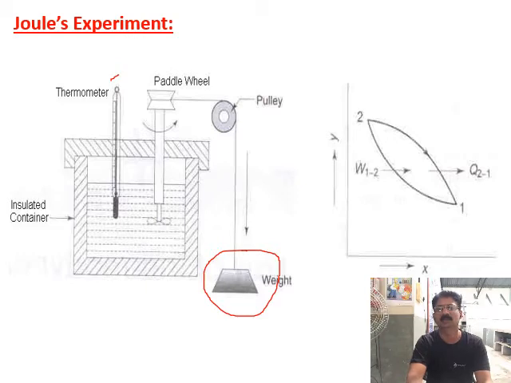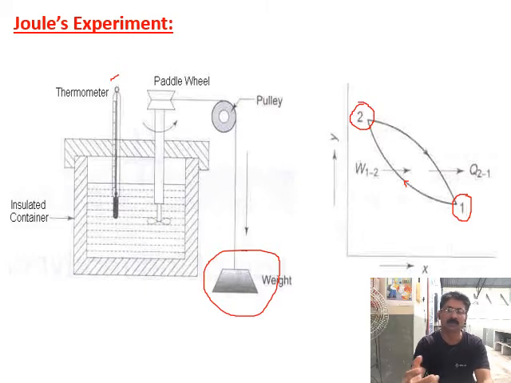That means from 1 to 2, in the property diagram, this is the work transferred onto the system, starting from state 1. So how did he measure that? By knowing the displacement of this weight, either lowered or raised. mgz is the work transferred into the system, and it led to the increase in temperature of the substance.